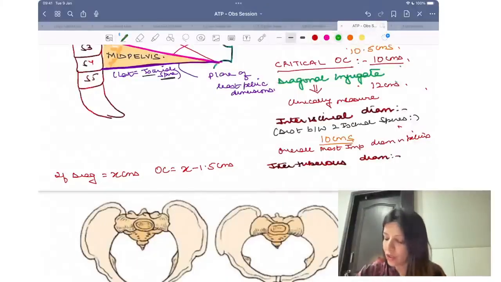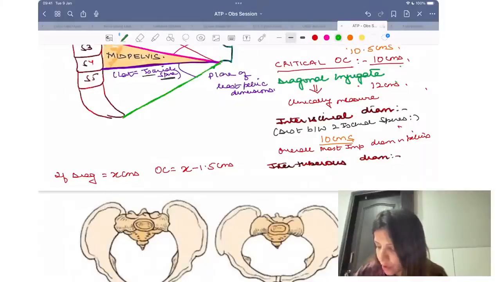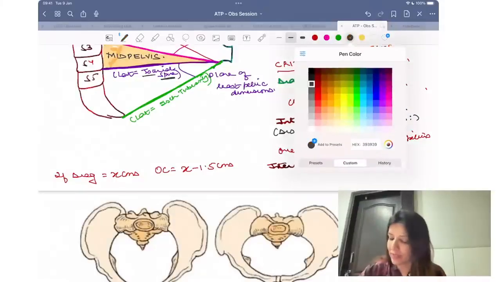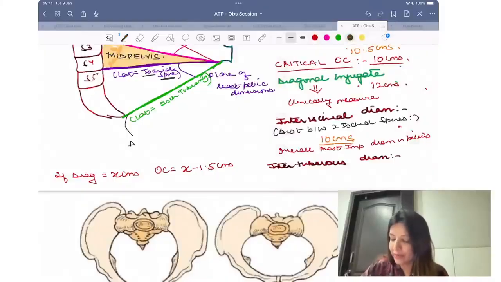let's draw a line from the coccyx going up till the pubic symphysis. This line goes from the coccyx to the pubic symphysis, and laterally imagine the ischial tuberosity here. So I am telling you that now I have drawn the anatomical outlet. What is the anatomical outlet? This green line is the anatomical outlet.